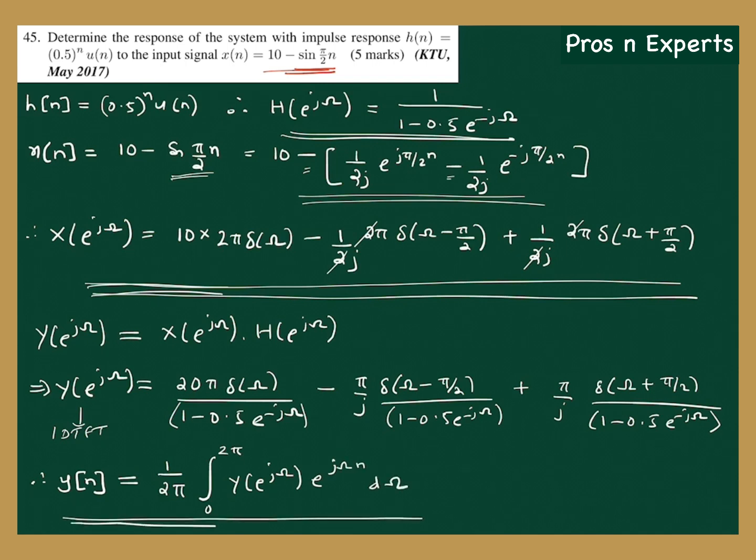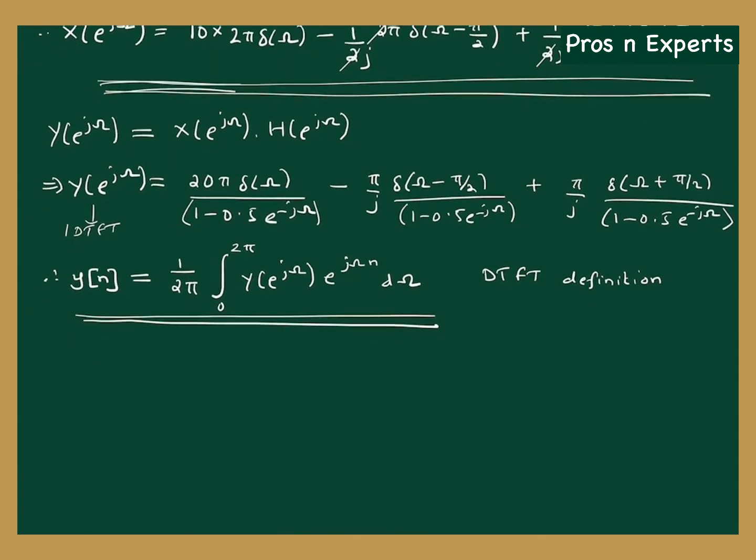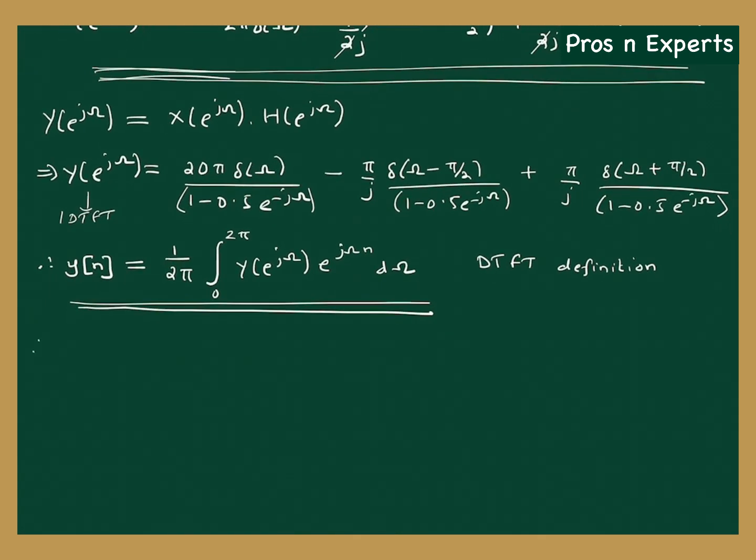This is the expression for the time domain from the DTFT definition. We had the analysis equation and synthesis equation for DTFT, so this is it. Now we find y of n using this relation.